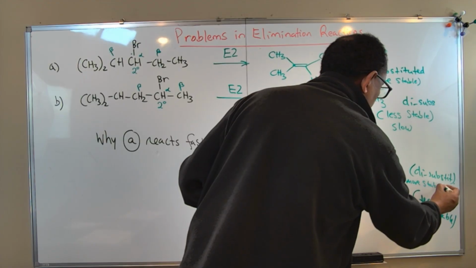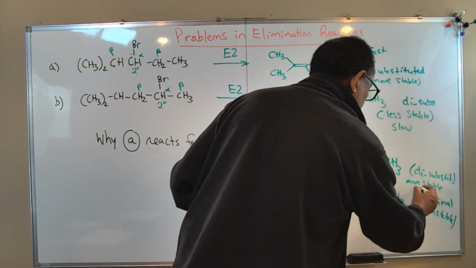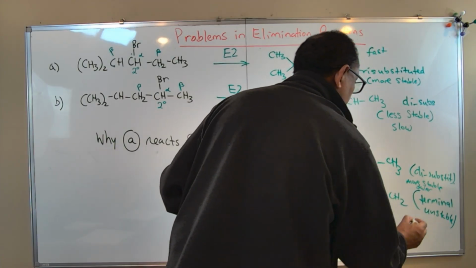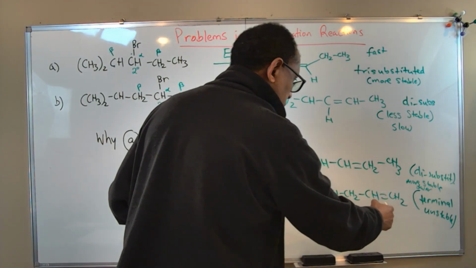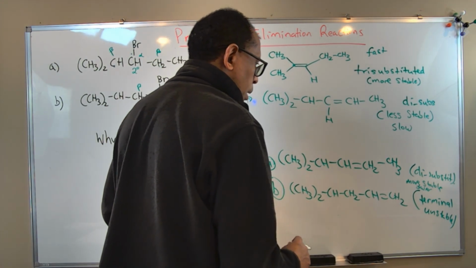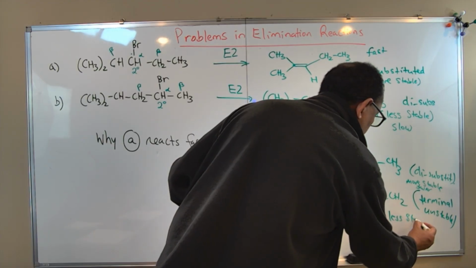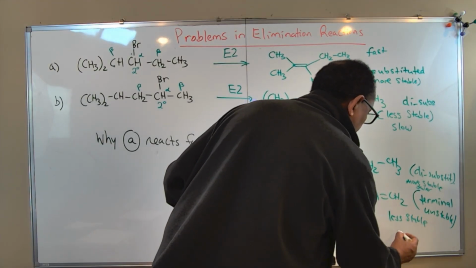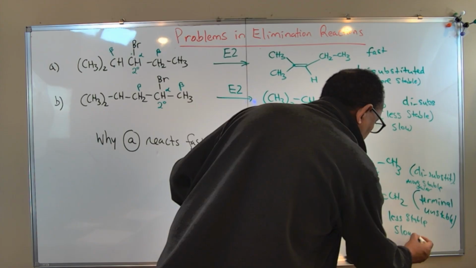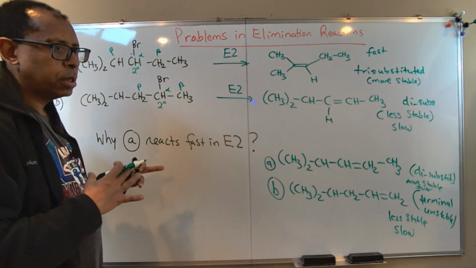Always it's relative: more stable, it goes faster. And for this, a terminal alkene, that's just a monosubstituted one, so it is less stable and slowly formed, slow in the reaction rate. So this is how you evaluate.